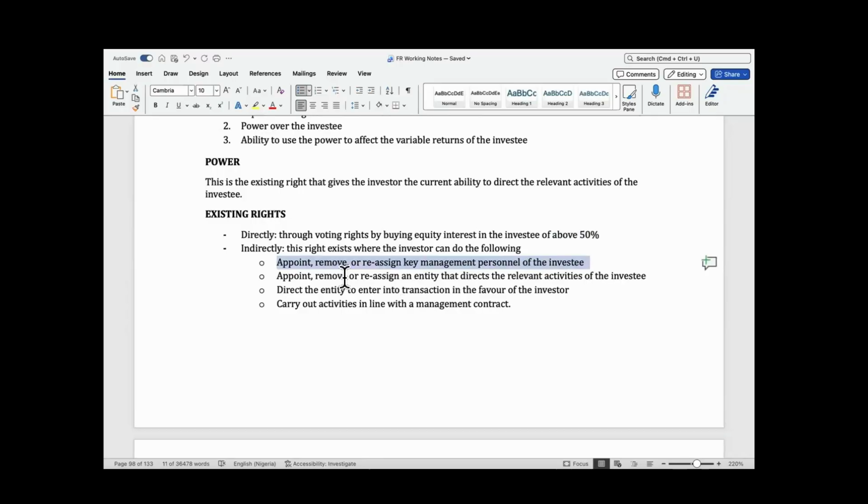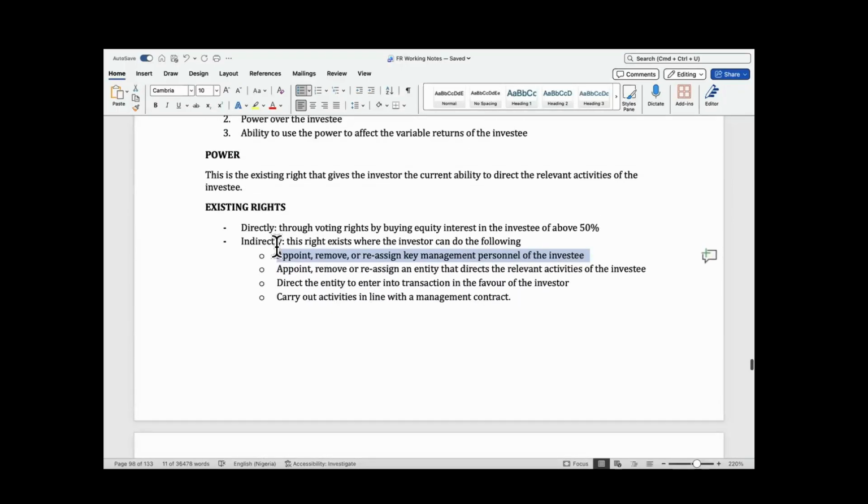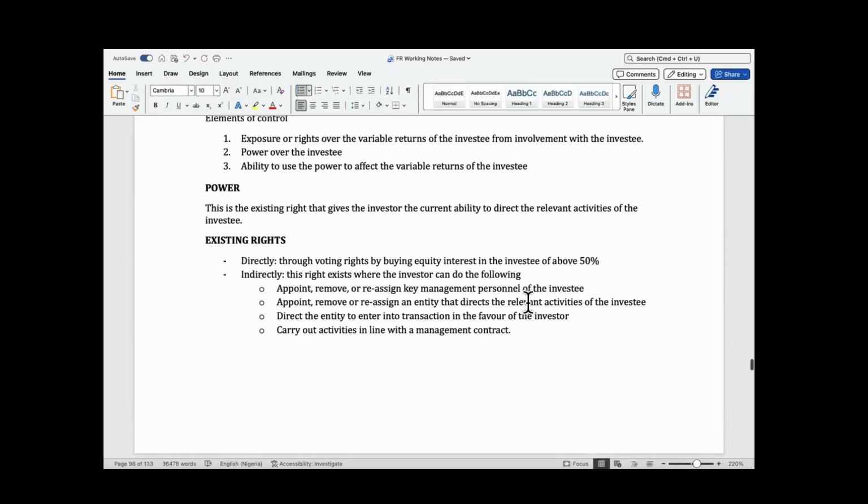You can appoint, remove, or reassign an entity that directs the relevant activities of the investee. You can direct the entity to enter into transactions in your favor, and you can carry out activities in line with a management contract. So when you can do any of the following, even if you don't have 50%, it shows that you have power, which shows that you have control over the investee.